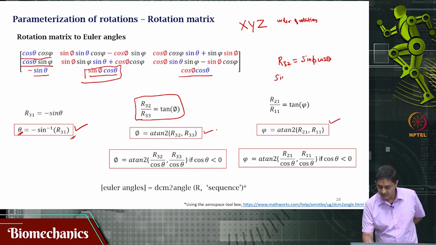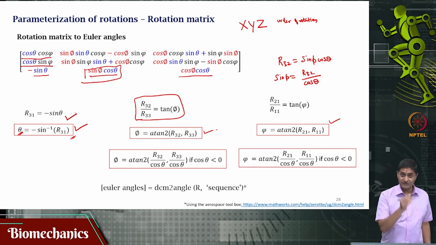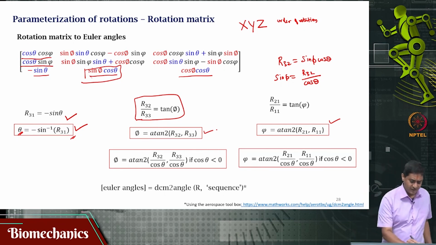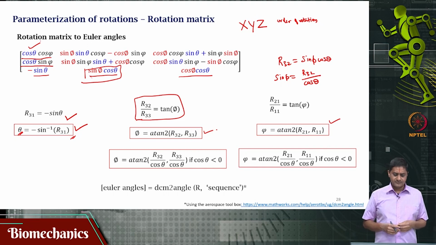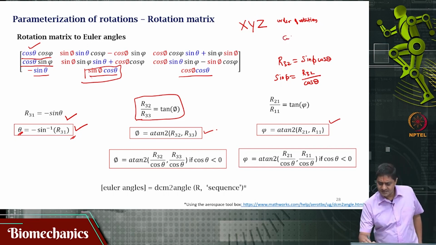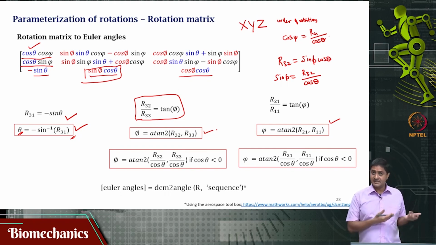From that I can find sin phi as R32 by cos theta, where theta is already known from the first step. Likewise here also I can find cos psi as R11 divided by cos theta. So psi is cos inverse of R11 by cos theta. Theta is already known for me.